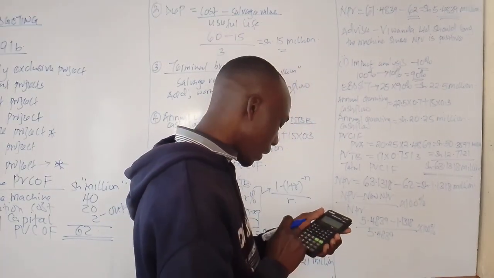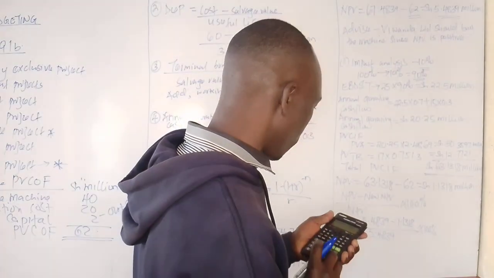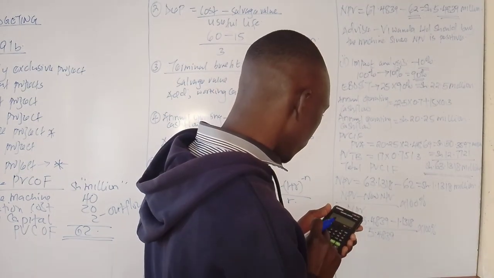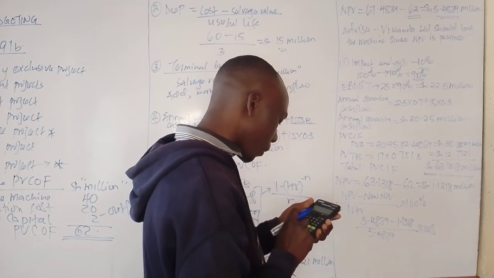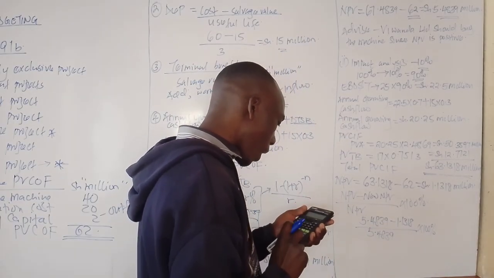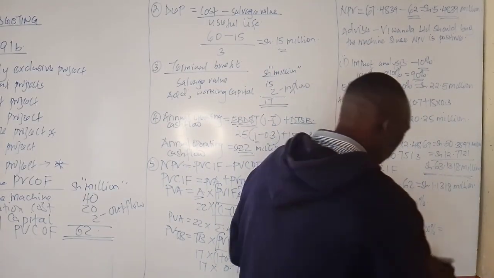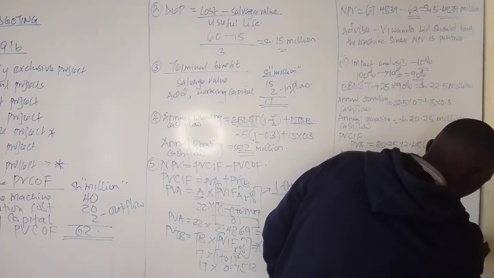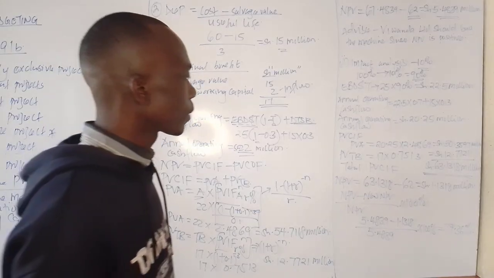So therefore, it will be 5.4839 minus 1.1318 equals, then you divide by 5.4839. Then from there you multiply by 100%. So you are going to get 79.36%.